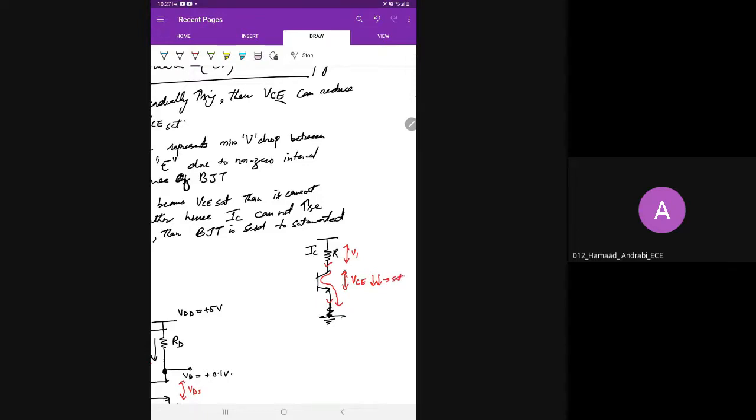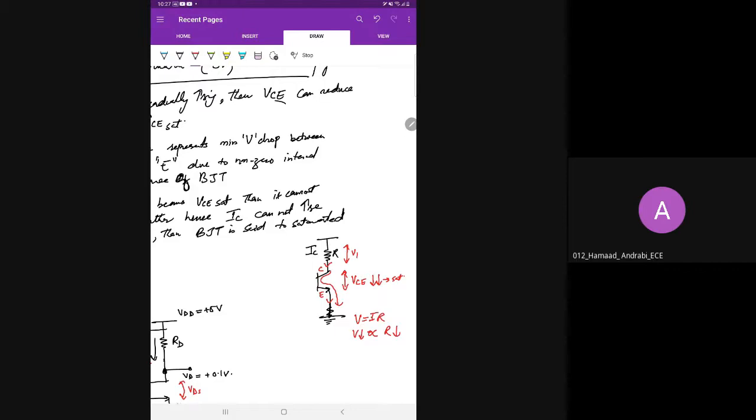When VCE decreases, it means the potential drop across the collector to emitter junction is also decreasing. When the potential drop decreases, it means that resistance is also decreasing, because V is equal to IR. When V is decreasing, it is directly proportional to R, so R must decrease.